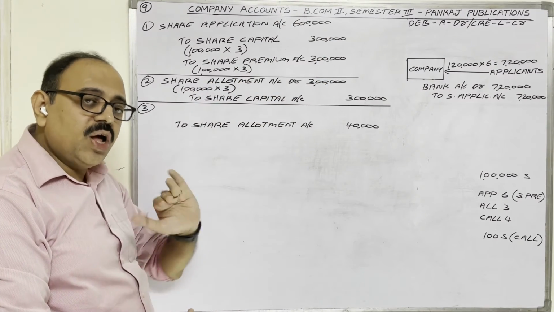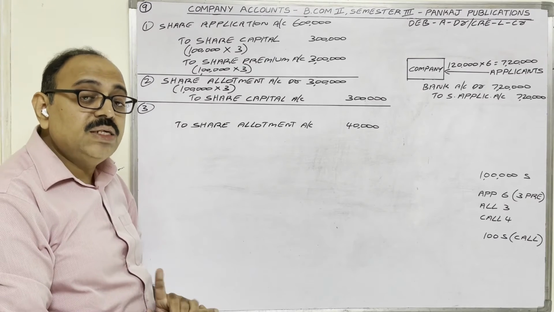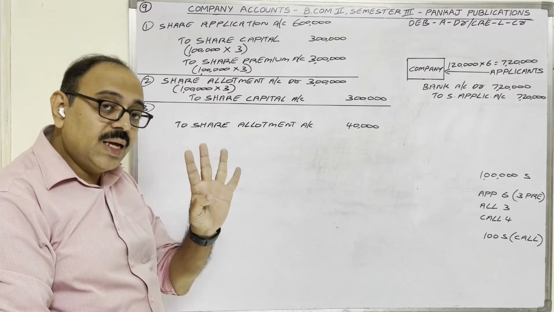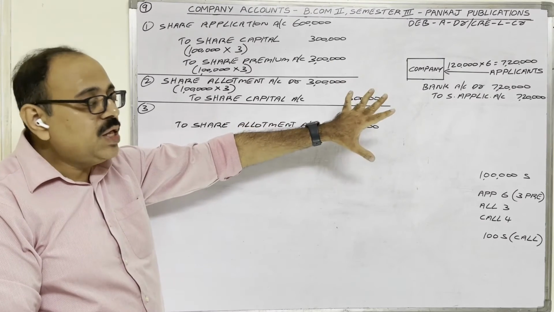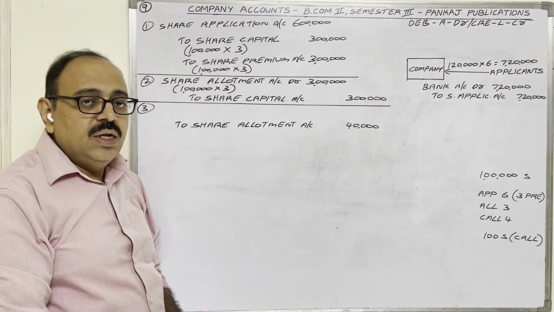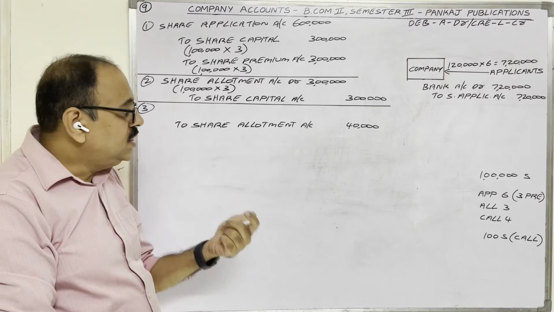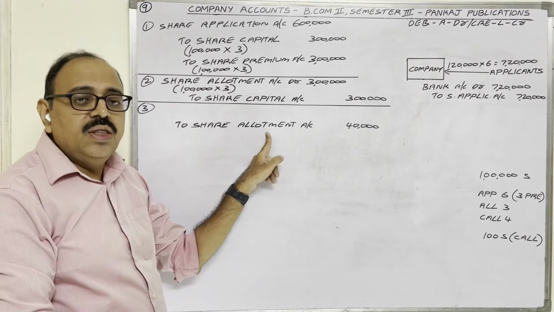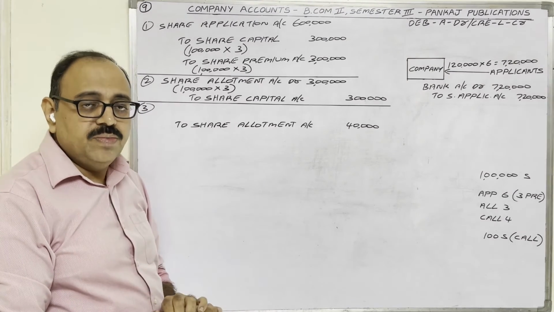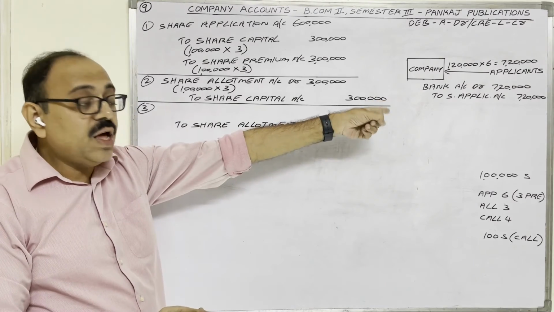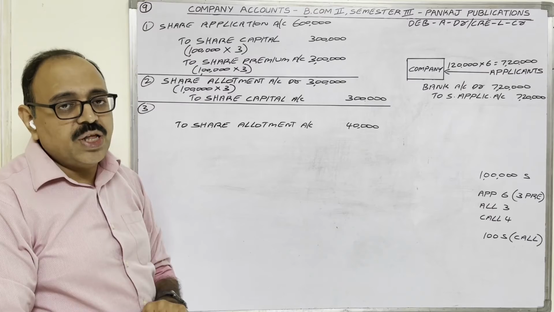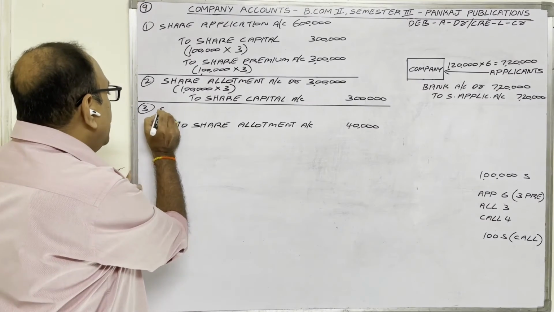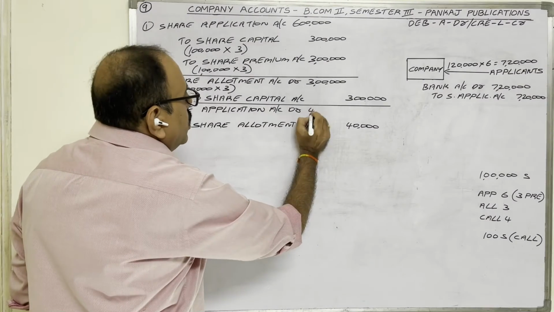So 80,000 is also cancelled. Remaining balance in application account is 40,000 credit balance. So in books it is showing that for 40,000 applicants are creditors. Now that 40,000 we are adjusting for their allotment money. Therefore they are not creditors now. By crediting, we have created a creditor account, share application. Now by debiting, we have to cancel that 40,000. Therefore, debit share application account, 40,000 rupees.